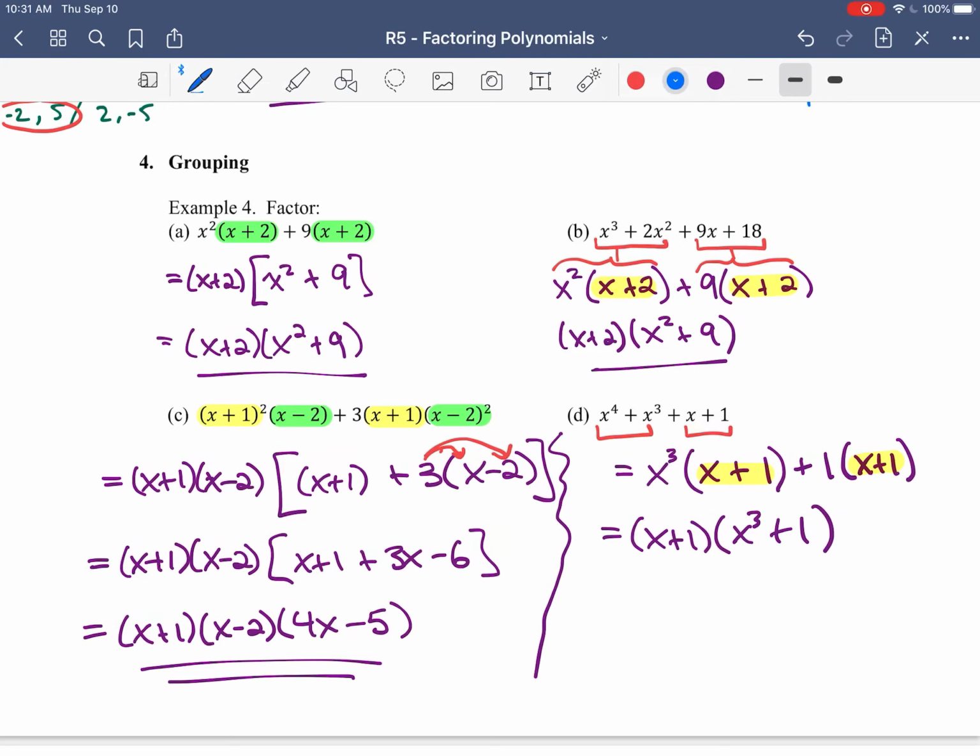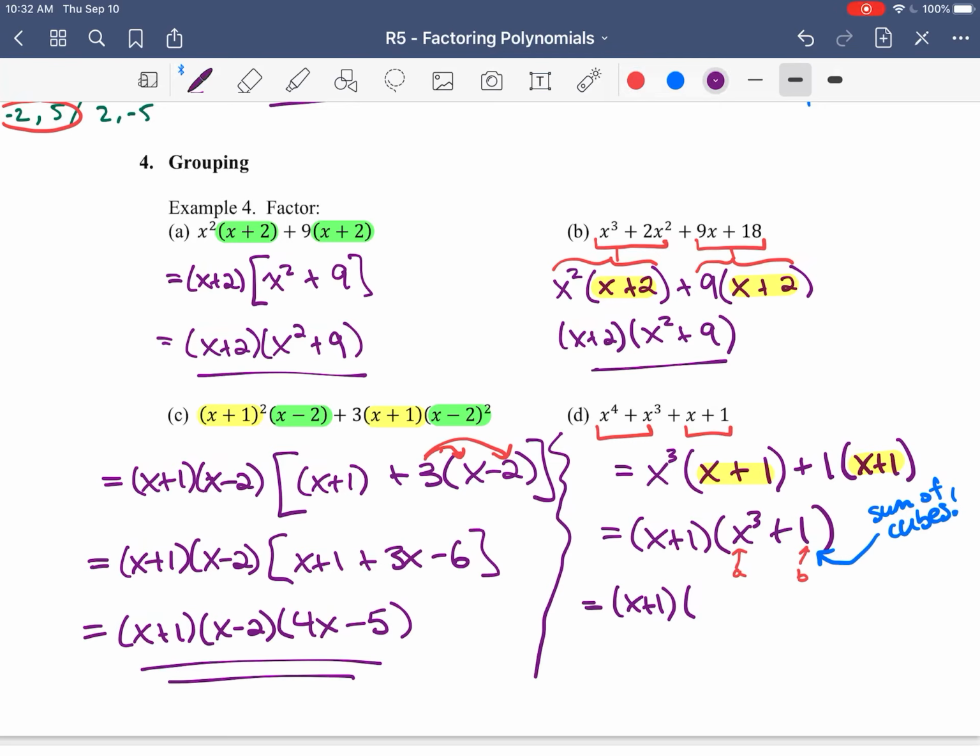And now I notice that this one factor is a sum of cubes. So that means I can factor it even further. Okay, so my a is x, and my b is 1, because 1 is also 1 cubed.